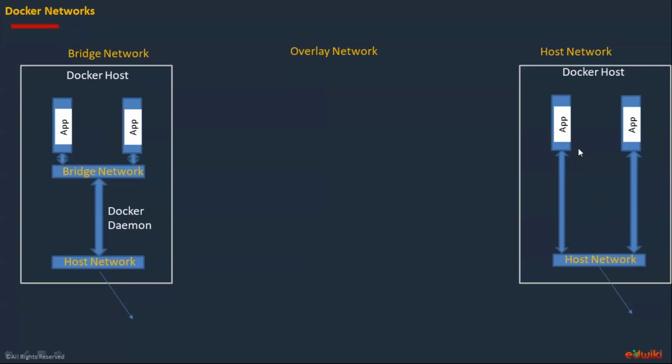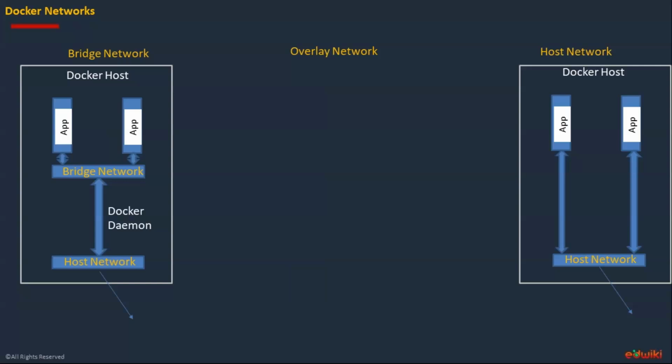At least from the networking perspective, it is treating the application running in the container as if it is actually running on the host machine itself. That is how it will be treated, at least from the networking perspective, not from the application perspective.